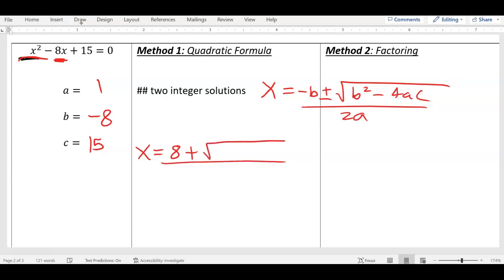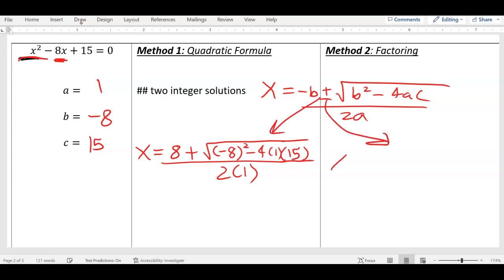Okay, b squared is going to be negative 8 squared, so I'm going to use parentheses. Please use parentheses when you square a negative number. Minus 4, a is 1, and then c is 15. Divided by 2a, 2 times 1. Okay? So there's a positive one with a plus sign, and then we got to do another one with a negative sign.